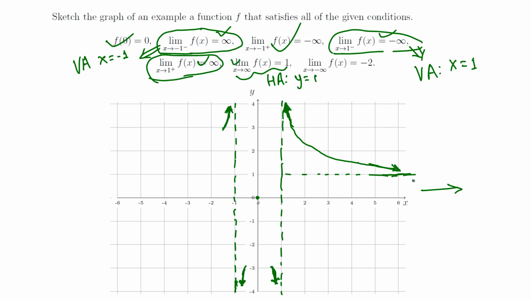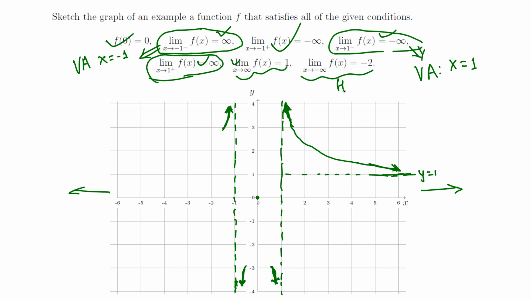So we have one horizontal asymptote, y equals 1. Okay, the last one: the function goes to -2 when x goes to negative infinity. So here x is going to negative infinity, and the function is going to -2.